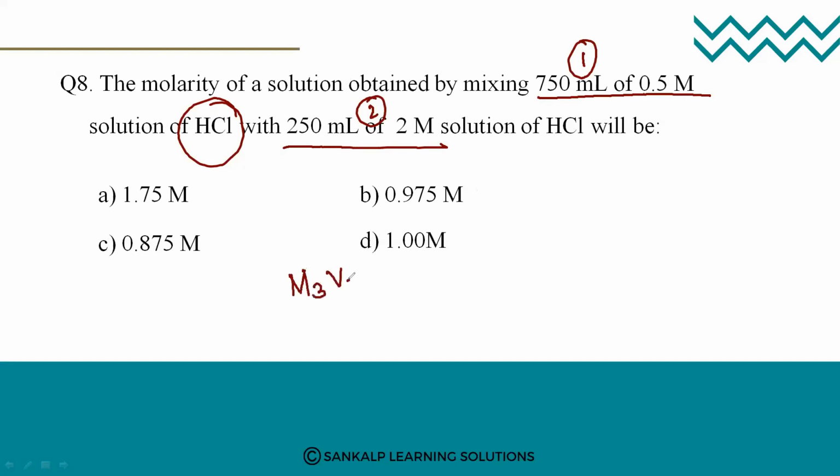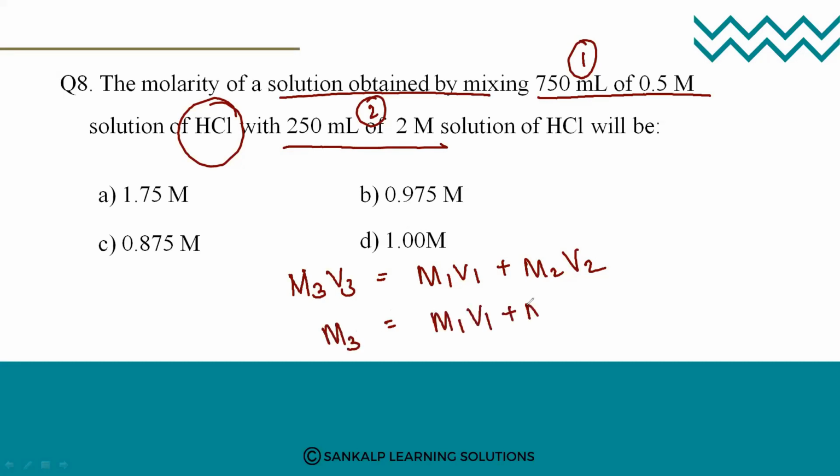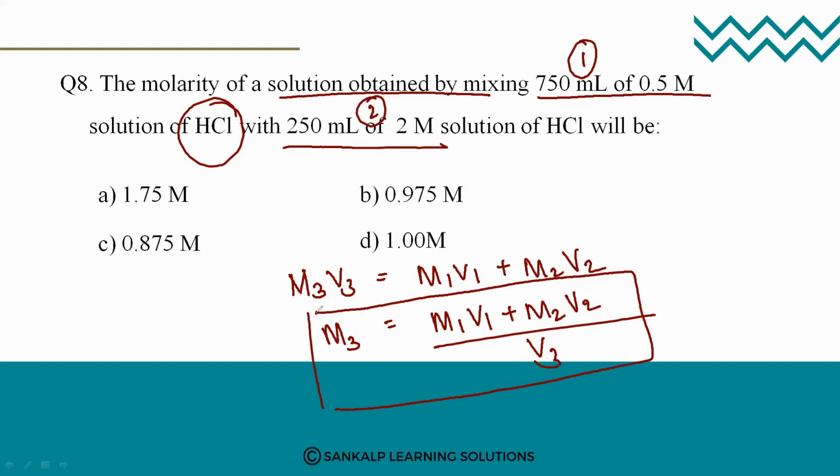So M3V3 equals M1V1 plus M2V2. We have to find the molarity of the solution obtained by mixing, so M3 equals M1V1 plus M2V2 divided by V3. This is the formula to find the molarity after mixing two solutions.